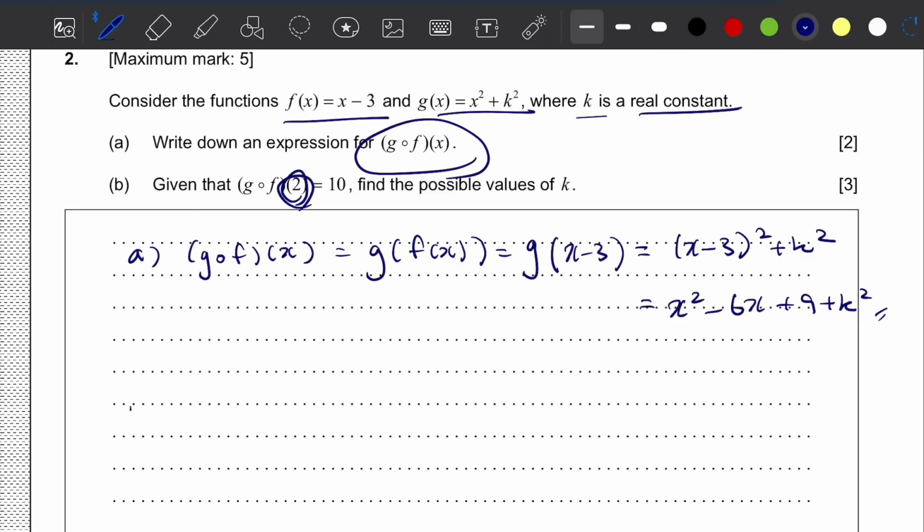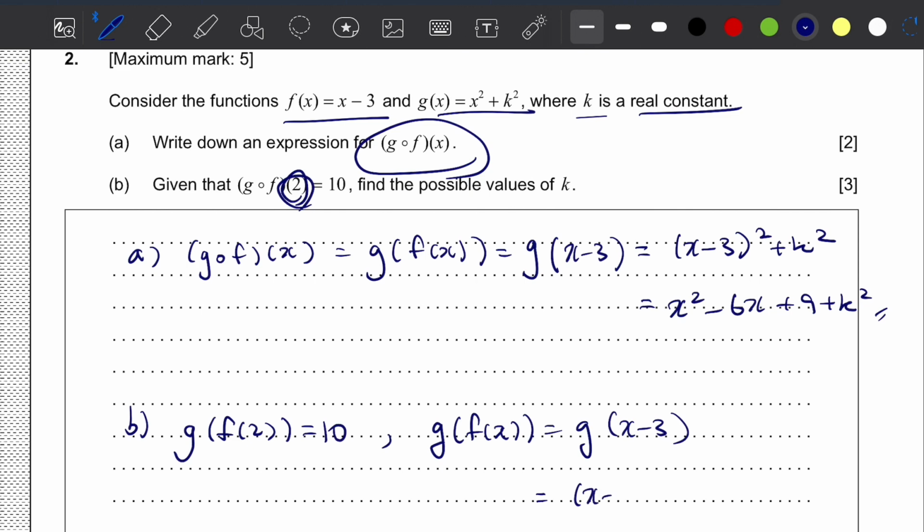Question B, we now have more information. We know that the x value is equal to 2, and when we substitute this value into the composite function, we get the outcome of 10. So this means g of f of 2 is equal to 10. From question A, we know that g of f of x, which is equal to g of x minus 3, gives the equation x minus 3 squared plus k squared.